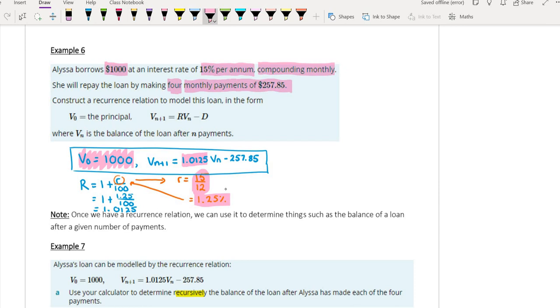So we're multiplying this on top of our value every month. But then because we're making payments to pay off the loan, we're taking money away from the loan by this much. So this is what's happening every single month, going up by this interest rate and then making monthly payments. So we're reducing the loan.